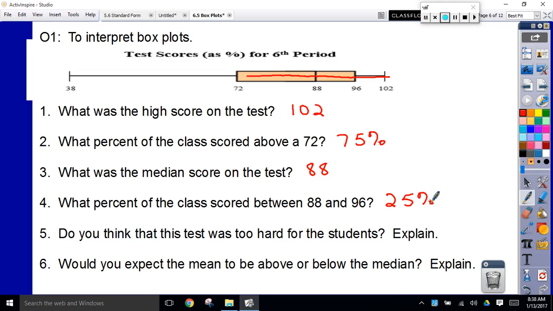It would probably be below because we have that outlier. And when we have an outlier, the median is a better measure of center. 88 is a better measure. We can't find the mean just from the values on our box plot because we don't know what all the values were. But we would guess the mean might be below because of the outlier.